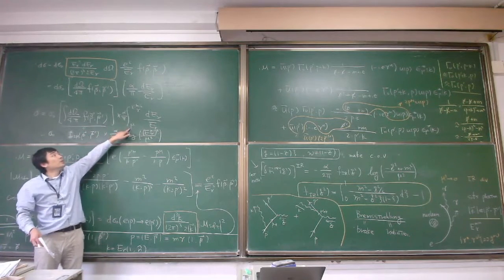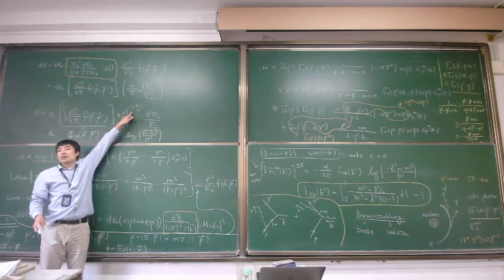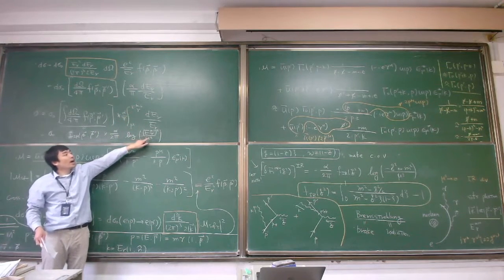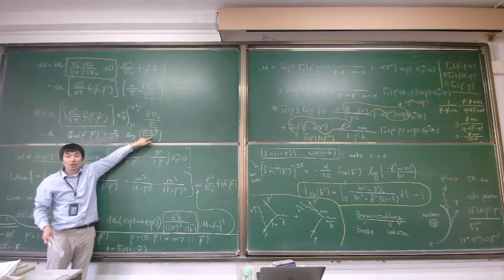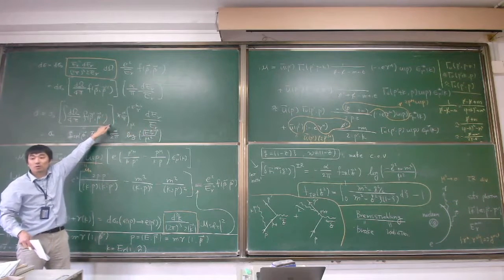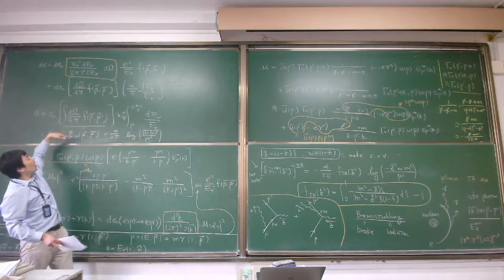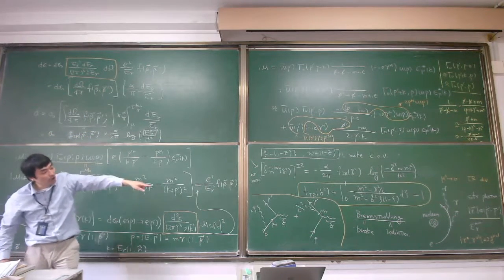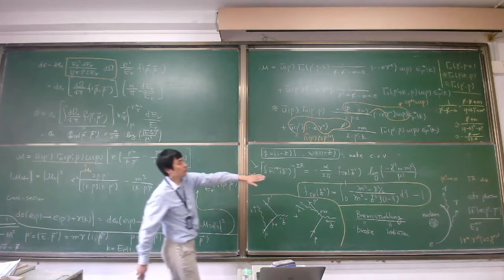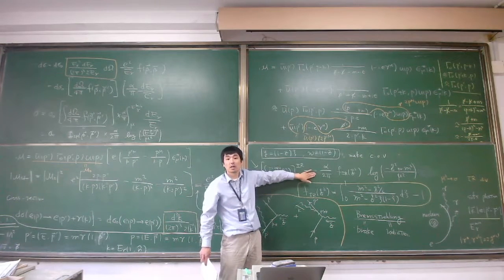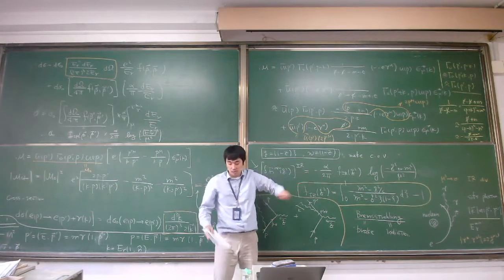Mu goes to E minimum, and I intentionally put the square, so therefore you have to introduce 1 over 2 here. And this integral I call IR. If you compare with this expression, it's very similar.